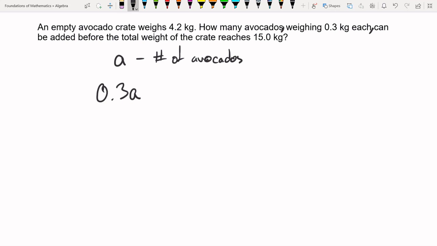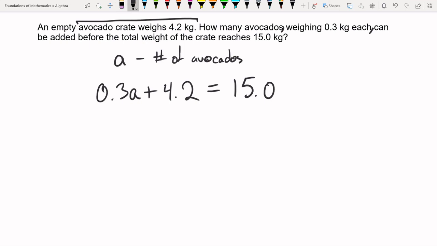Now, of course, to find the total weight, we need to add onto this avocado weight the weight of the actual crate, which is 4.2 kilograms. So this right here represents the total weight of the crate with the avocados in it and the weight of the crate itself. And we want to know, when is this thing equal to 15.0 kilograms?